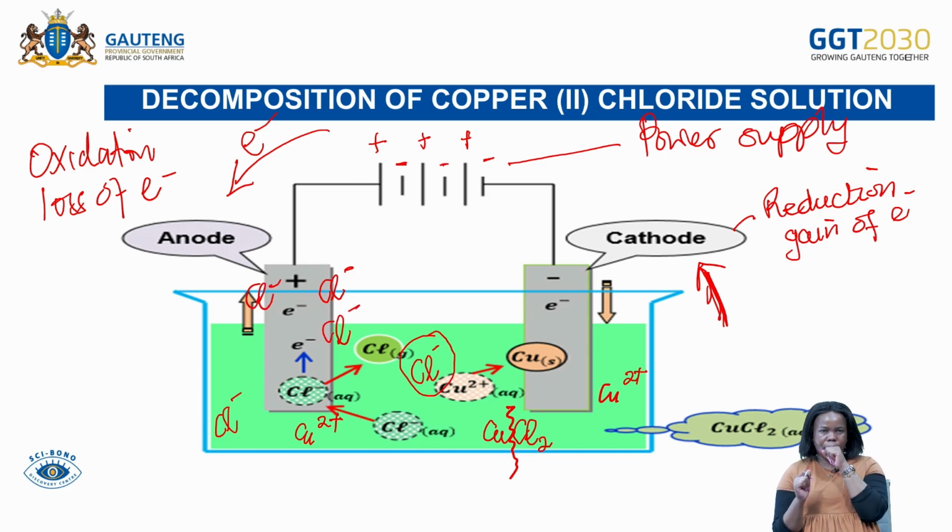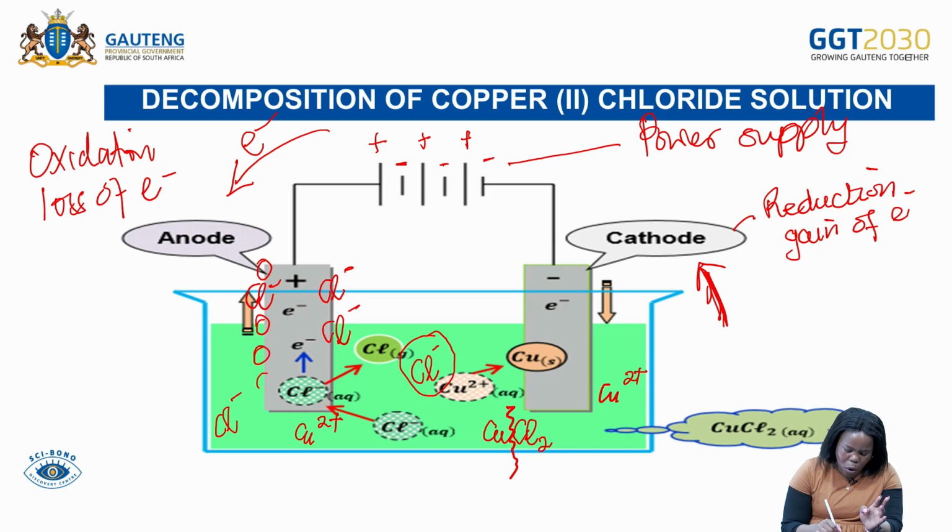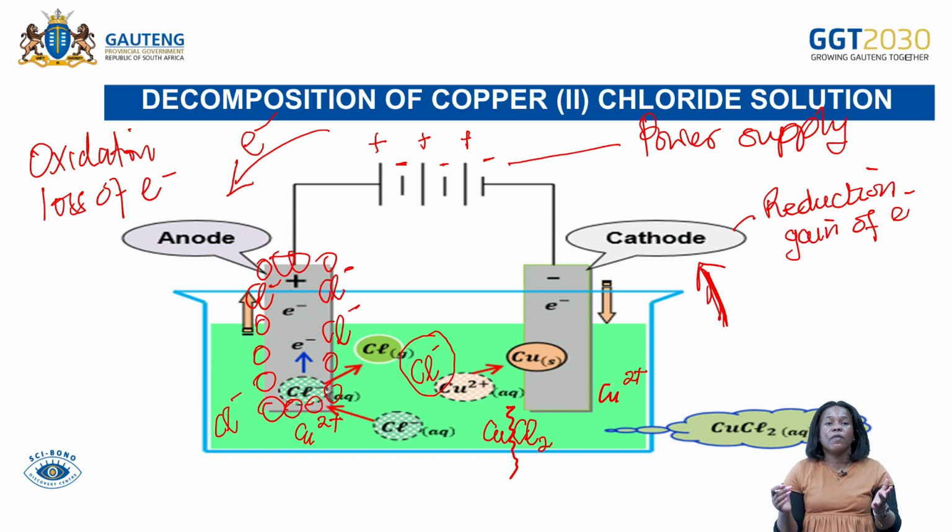And because, sorry, chlorine exists in the form of gas, what you'll see is that there's going to be a formation of bubbles all around the electrode. Okay, so here's your bubbles, which is what you're going to observe if we were to do the practical experiment of this decomposition of copper chloride.